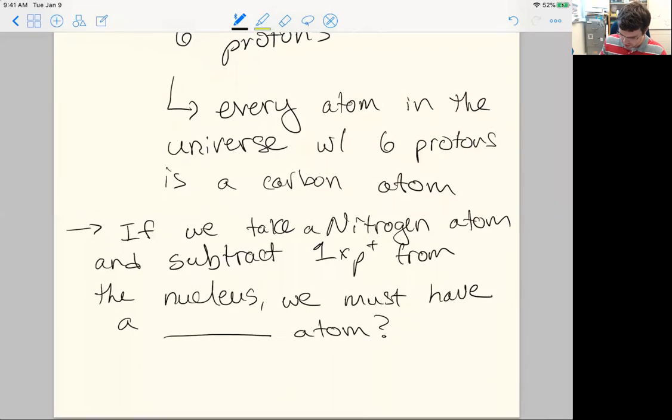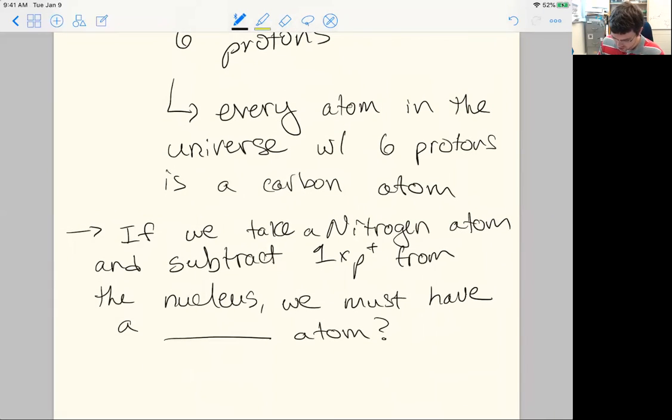Okay, so what element must we have if we take a nitrogen atom and subtract 1 proton?